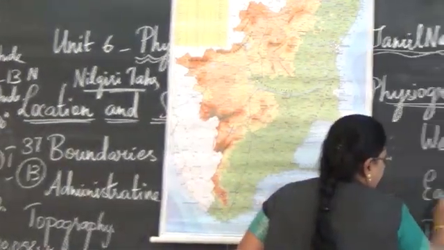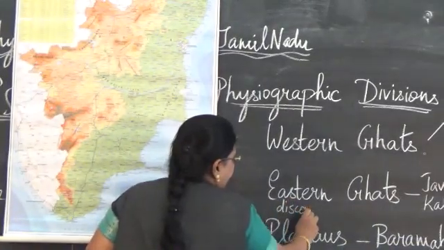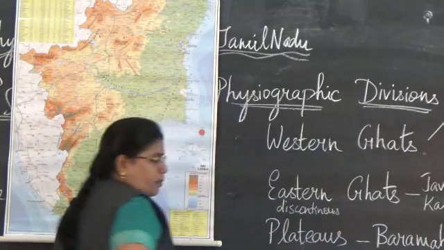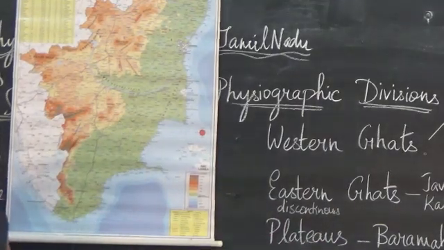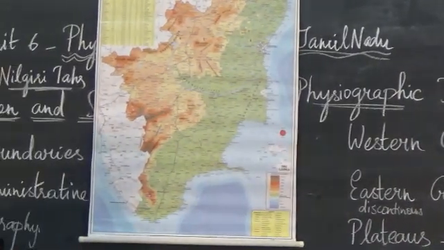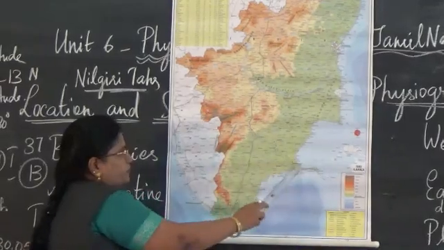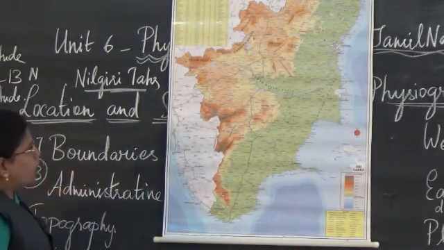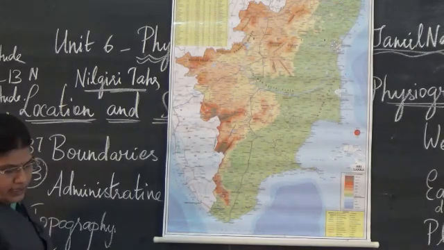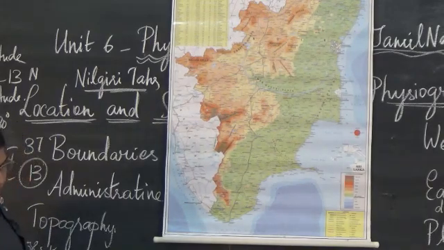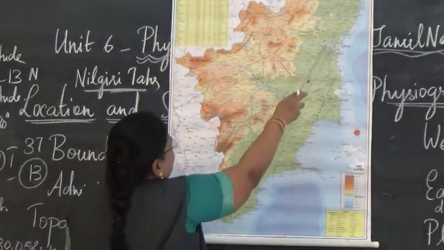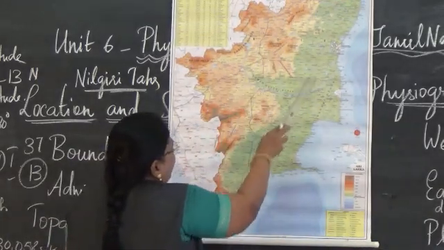It is bisected here and there by rivers which drain into the Bay of Bengal. The height ranges from 1100 to 1600 meters. These hills separate the plains from the plateaus.